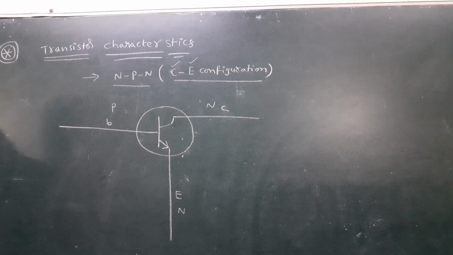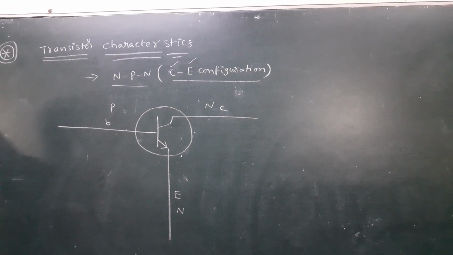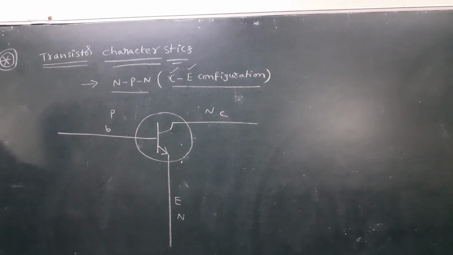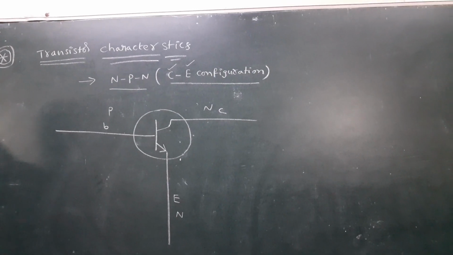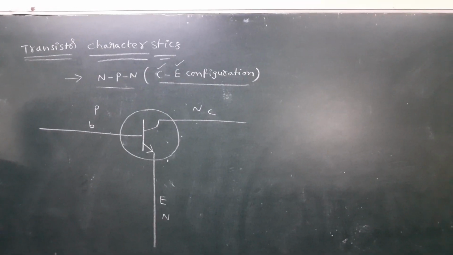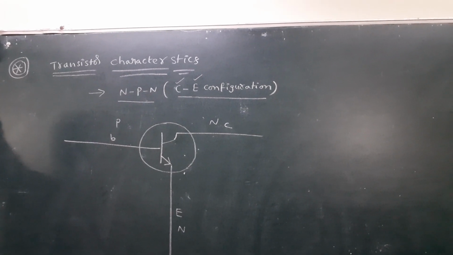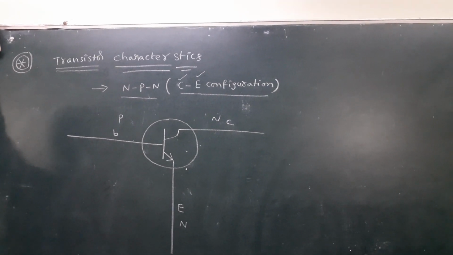That means low resistance means forward bias, and high resistance means reverse bias. Simply, input is connected to the forward bias, and output is connected to the reverse bias.